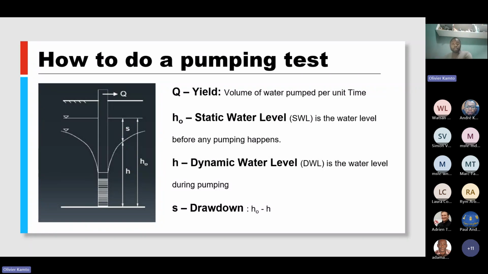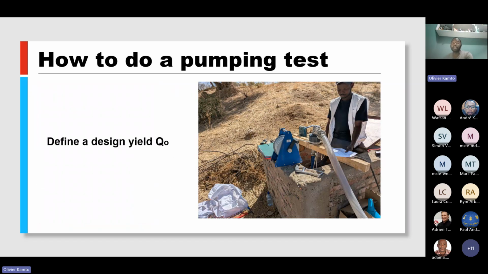So running the pumping test proper, the first idea would be to first determine what we would call a design yield. And for the design yield, there are several methods. Remember, we will be talking here about the variable rate or the step drawdown pumping test only. The design yield here, we can get by several means. First, we can go by assessing what our needs are, what we want to cover.